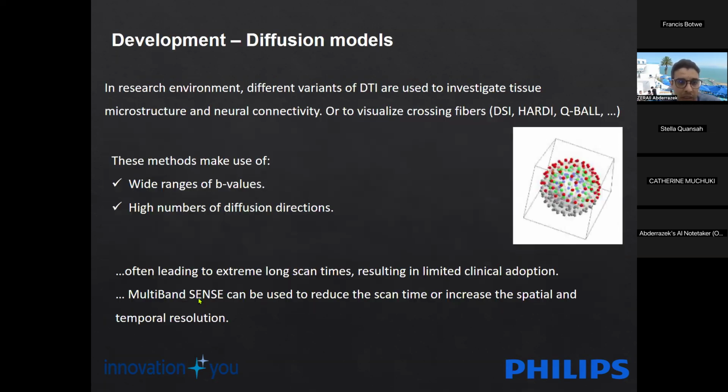So in the research environment, different variants of diffusion tensor imaging are used to investigate tissue microstructure and neural connectivity, where the main idea is to visualize crossing fibers by utilizing different models, like diffusion spectrum magnetic resonance imaging, DSI, which was developed to image the complex distribution of intravoxel fiber orientation.